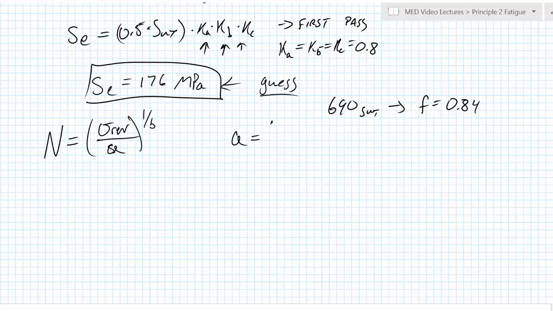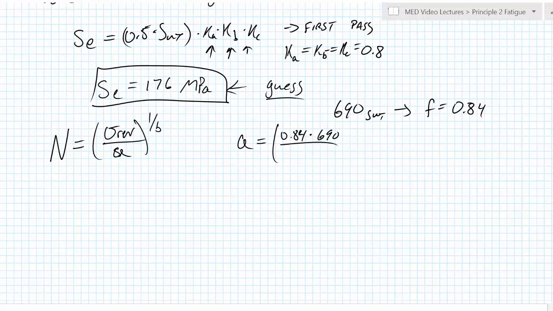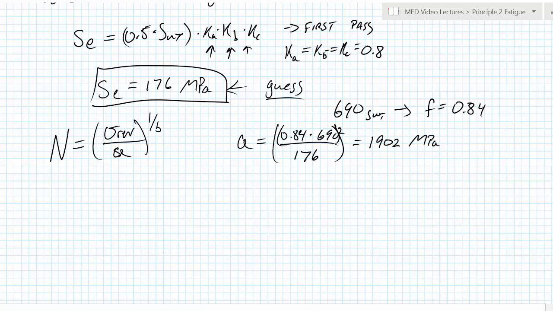So putting those together, we have 0.84 multiplied times the ultimate strength of 690 megapascals, squared, and divide that by the endurance strength we just calculated of 176 megapascals. That should give you an a of about 1,902 megapascals.